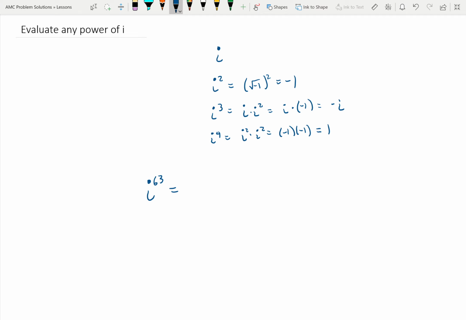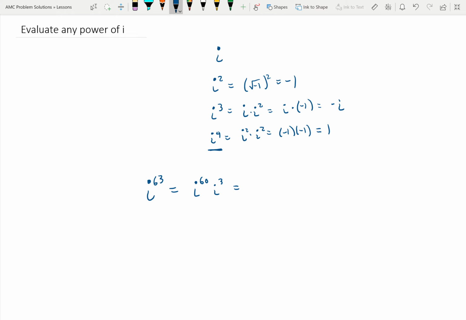So if we start out this problem, I want to focus on this i to the fourth. I'm thinking about what's the biggest number equal to or less than 63 that 4 goes into. So 4 goes into 60, so I'm going to break this into i to the 60th times i to the third.